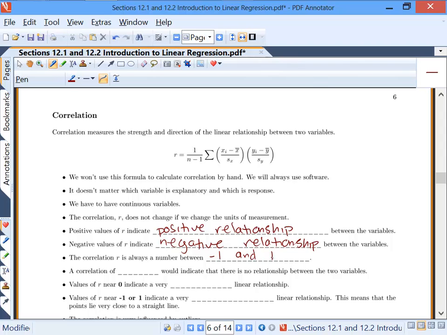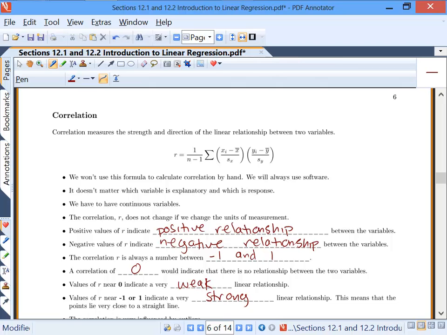A correlation of 0 indicates that there is no relationship between the two variables. They don't affect each other in any way. They don't move together. It's just absolutely no relationship. Values of r near 0 indicate a very weak linear relationship, whereas values of r near -1 or +1 indicate a very strong linear relationship.